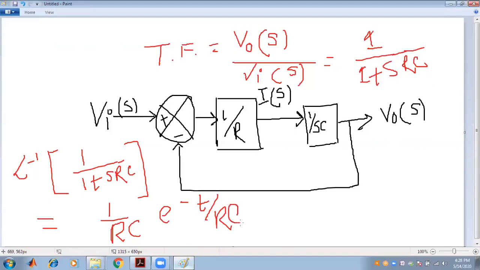So this RC is generally known as the time constant of the system. And the nature that we have obtained from the graph, the impulse response, is decaying in nature.